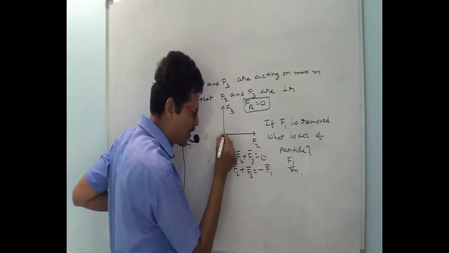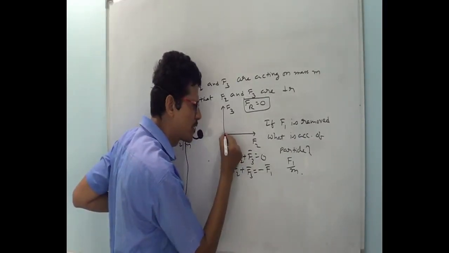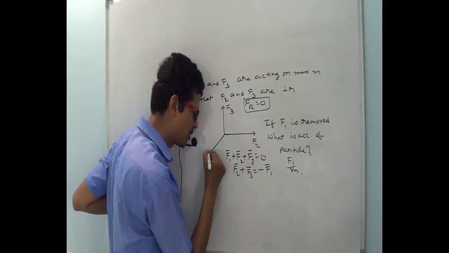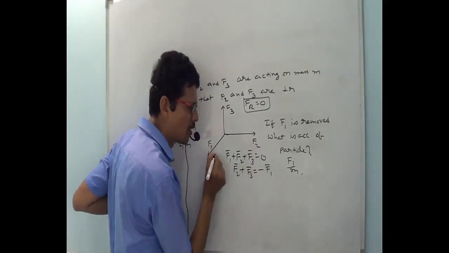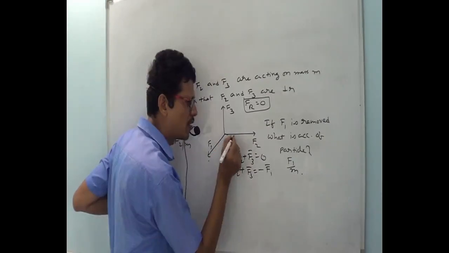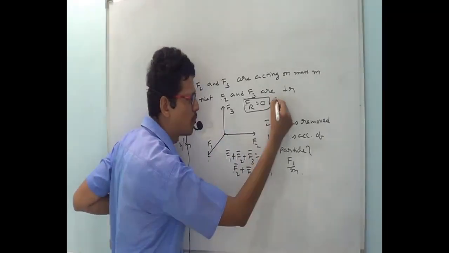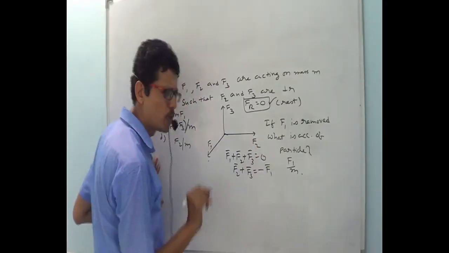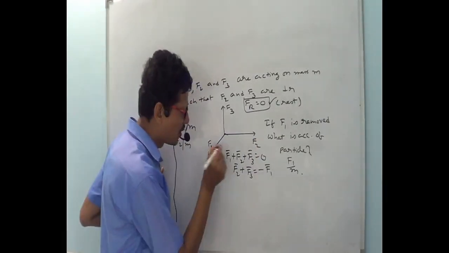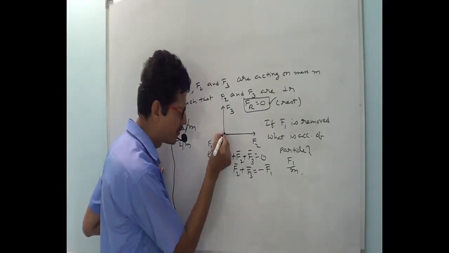Let me tell you once again. The resultant of these two should be equal and opposite to the third force. Then only the body will be at rest, or in equilibrium, moving with constant speed, constant velocity.